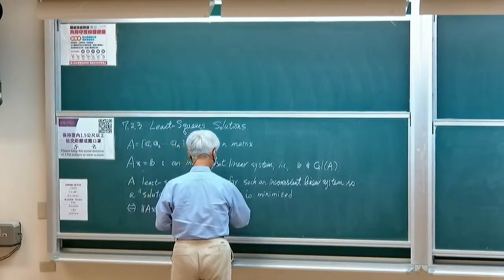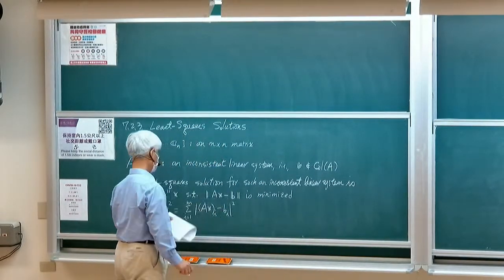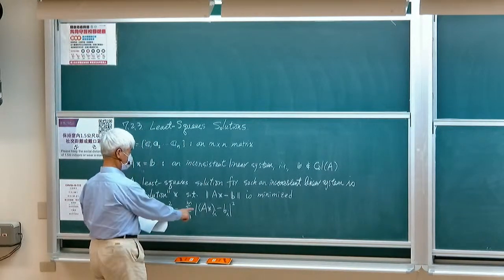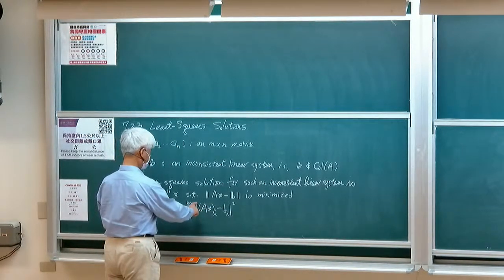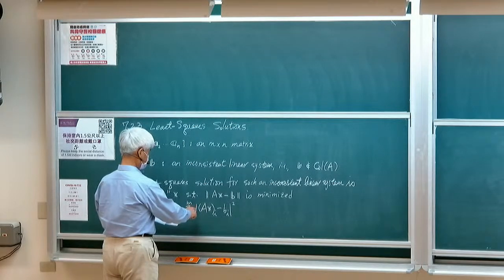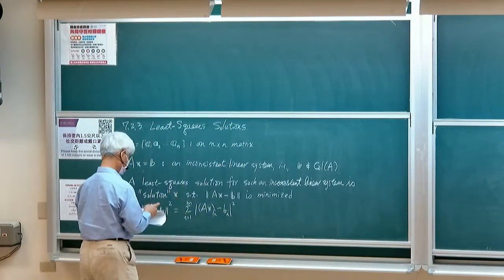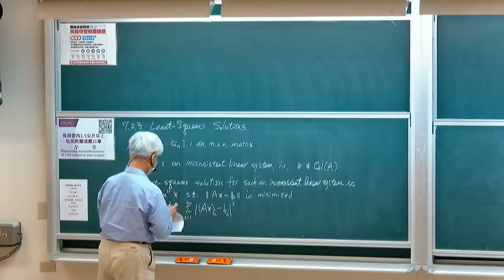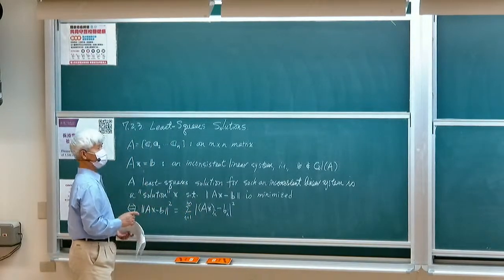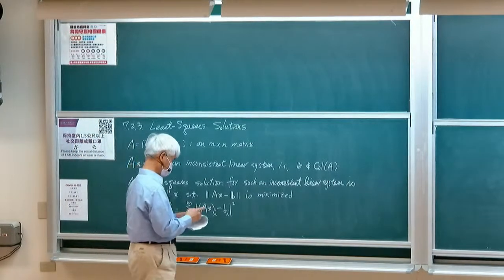We take the absolute value and the square. I'm sorry, in my lecture notes I didn't put the absolute value, so please correct it. We should take the absolute value because we may consider complex vectors here.